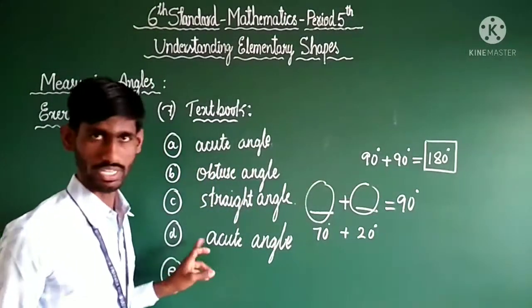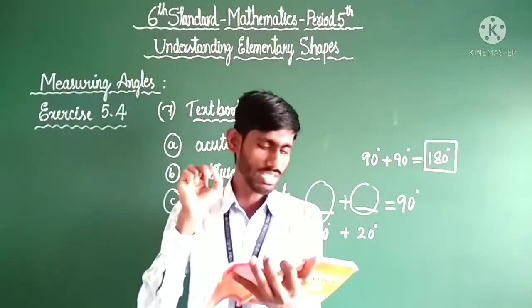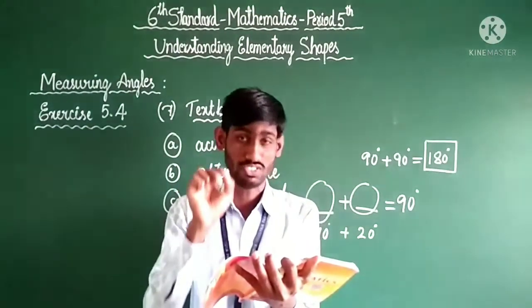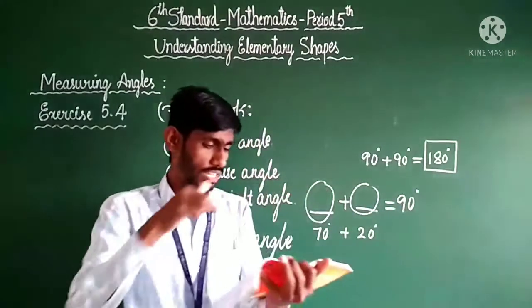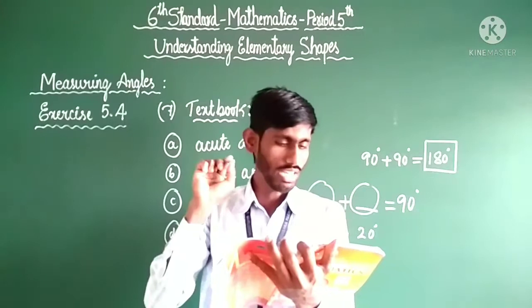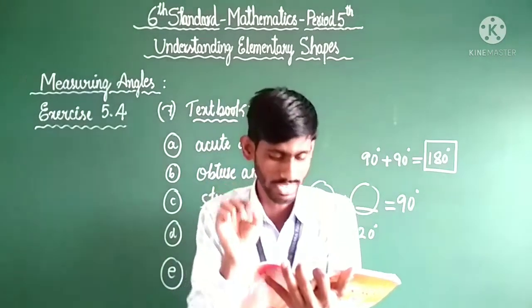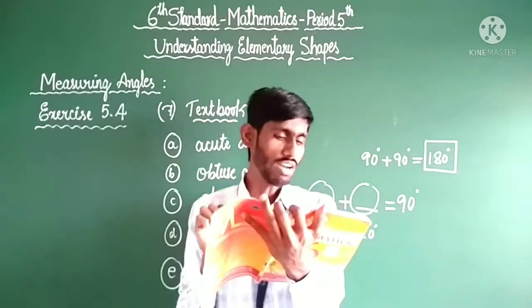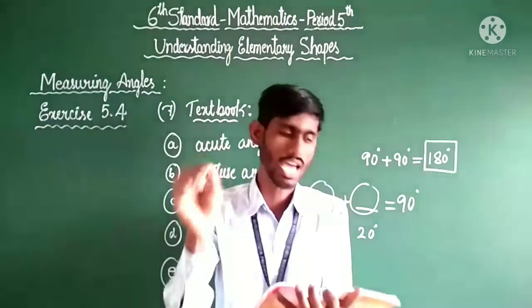E is similar to D. Listen carefully. When the sum of measures of two angles is that of straight angle, here they have given right angle, here straight angle. When the sum of measures of two angles is that of straight angle, and if one of them is acute, then the other should be dash.